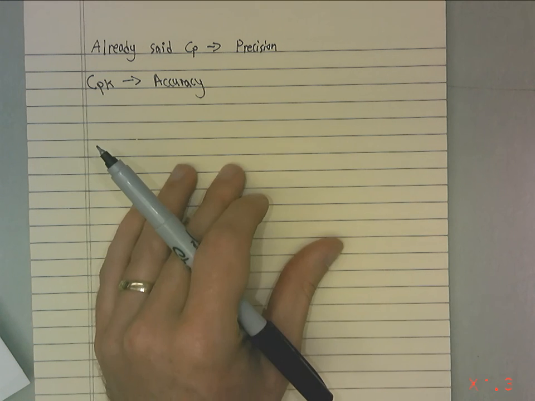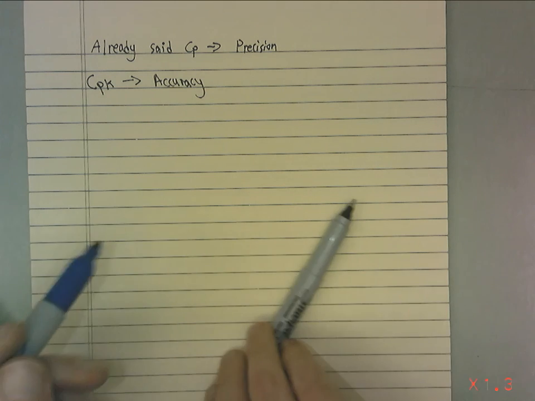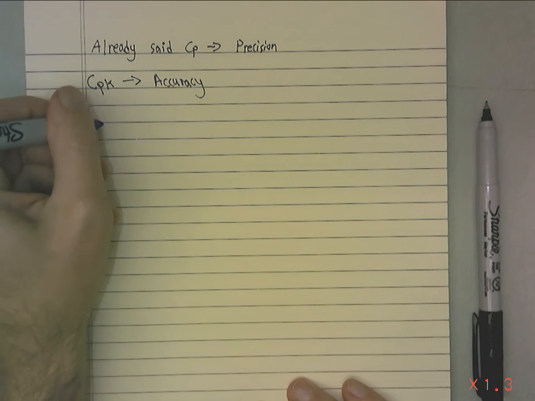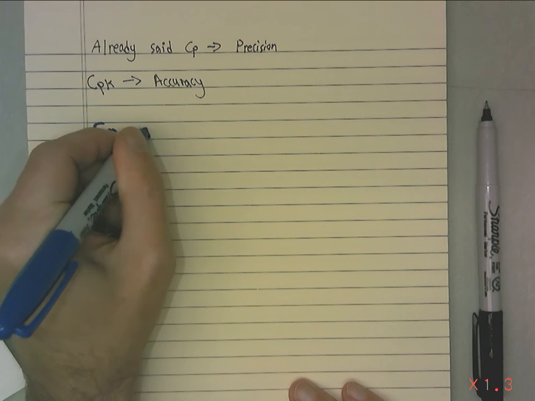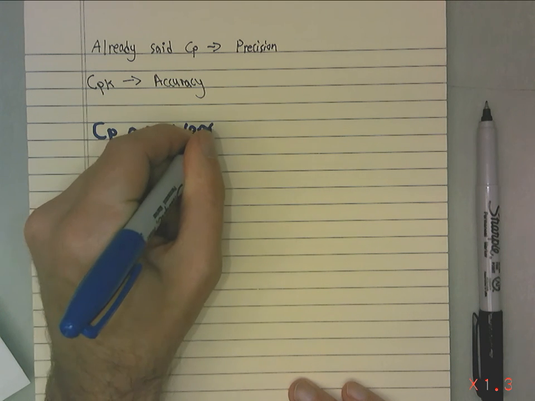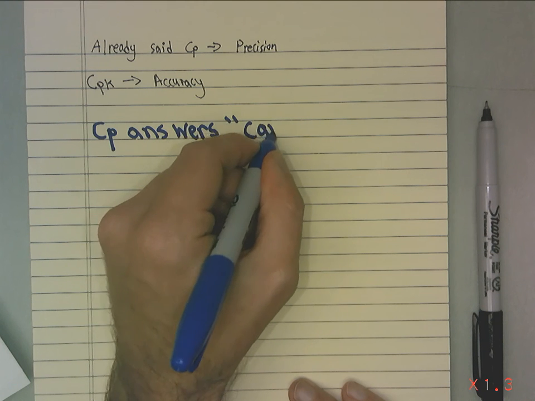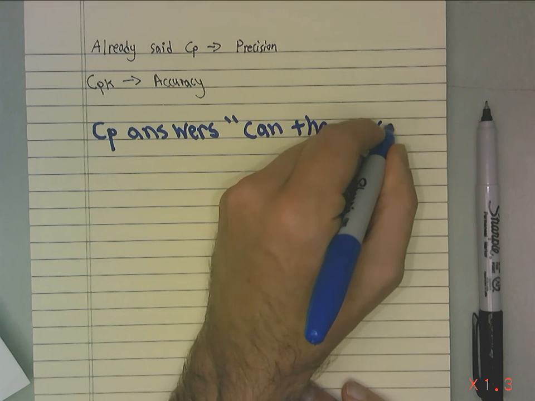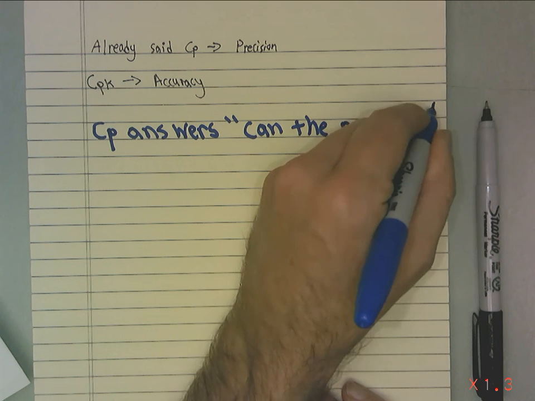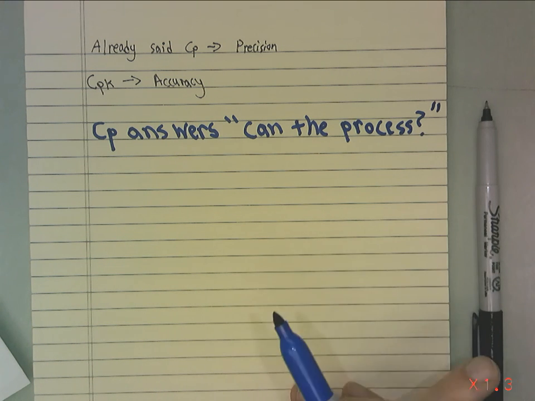Big important statement. Bigger marker. CP answers: can the process produce good parts?